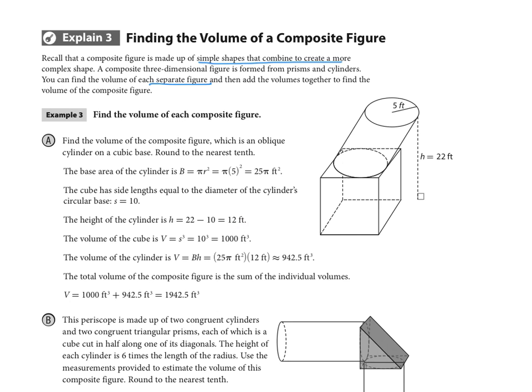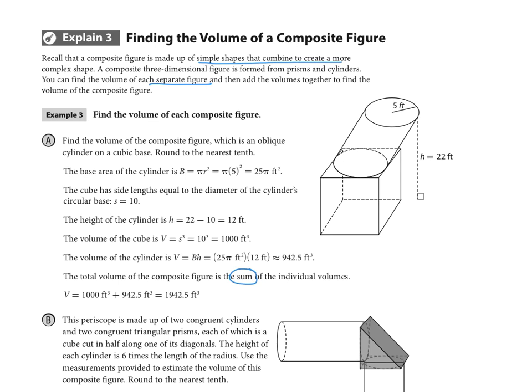The volume of the cube is 10 cubed, or 1,000, and the volume of the cylinder is big B times H, so 25 pi times 12, which is 942.5 cubic feet. And then all I'm going to do to get the composite is add those two pieces together.